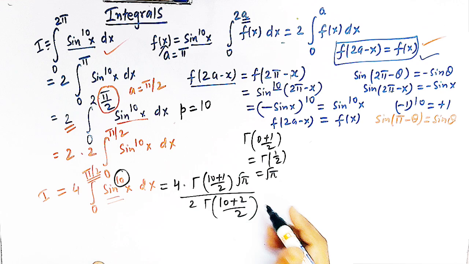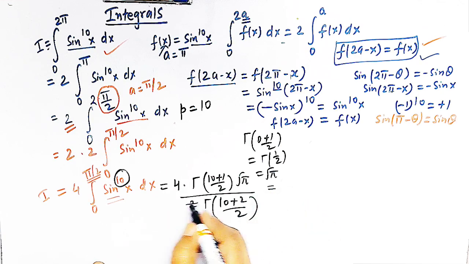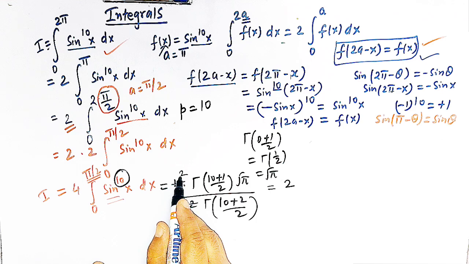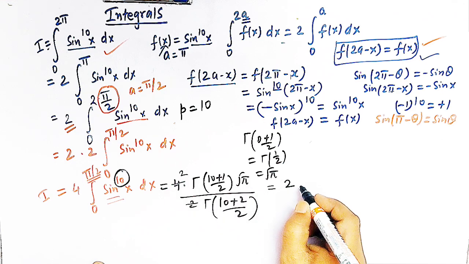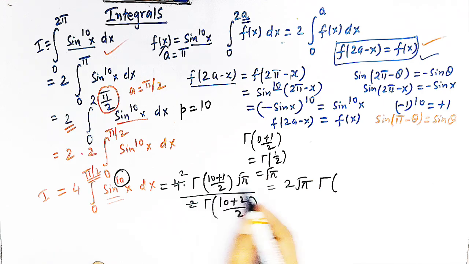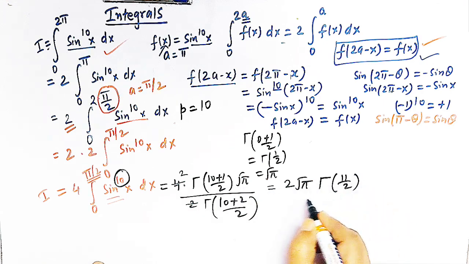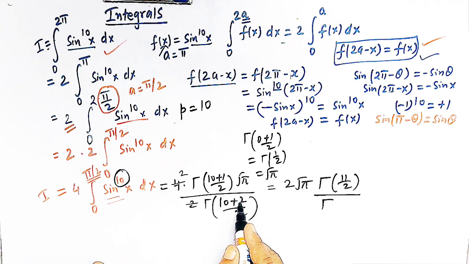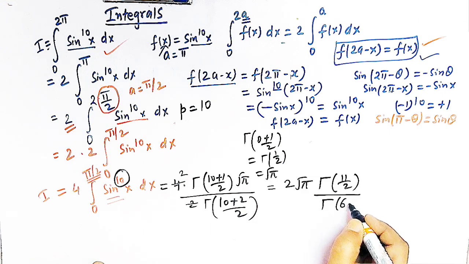Now let us simplify it. Here we have 2 times 2 is 4, and here we have 2, then square root of pi, then gamma 11 over 2, and gamma of 12 over 2, which is 6.